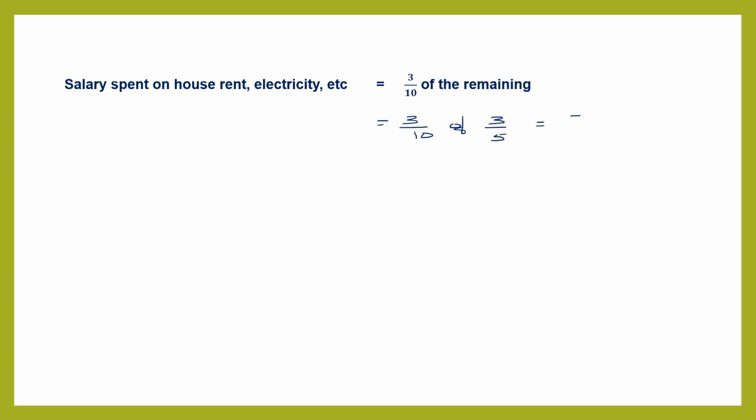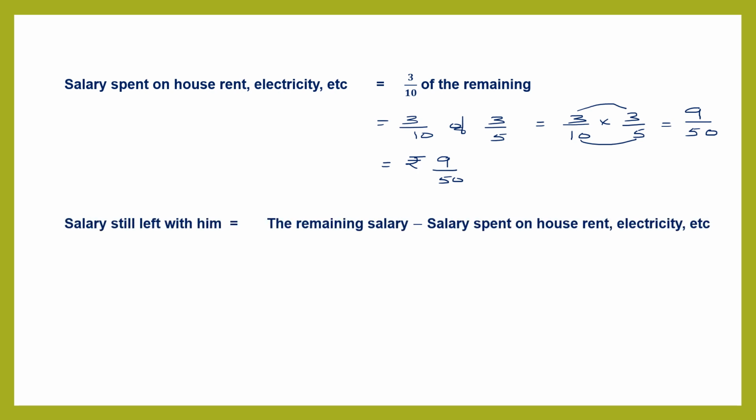So this will be 3/10 into 3/5. So this is, multiply the numerators, 3 3s are 9 and the denominators 10 5s are 50. So this is the salary that is spent on house rent, electricity, etc. That is rupees 9/50.